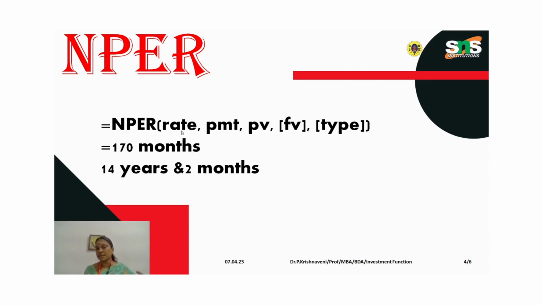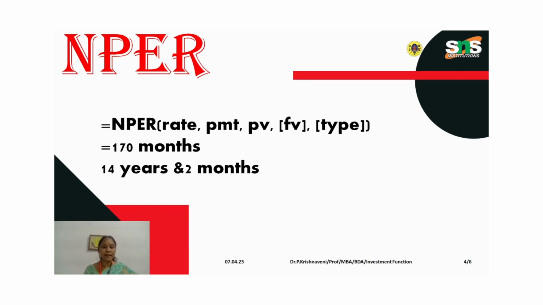We first give the rate and the payment, then the present value of the investment and the future value, and whether we are going to make the payment at the beginning or at the end of every month. When we give this data, we get the number of months required to complete the investment process. Here 170 months requires 14 years and 2 months.